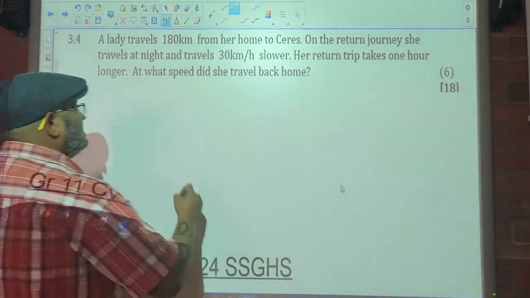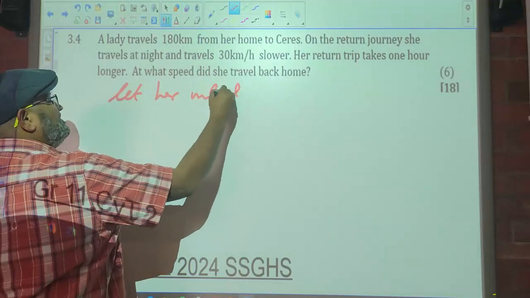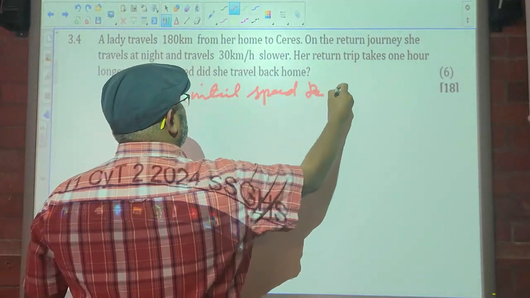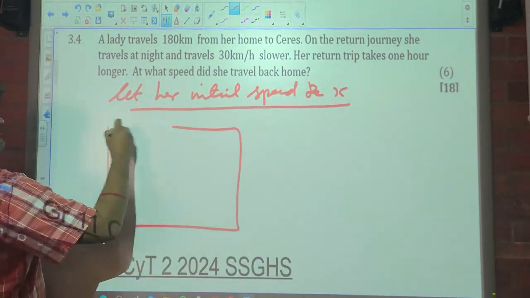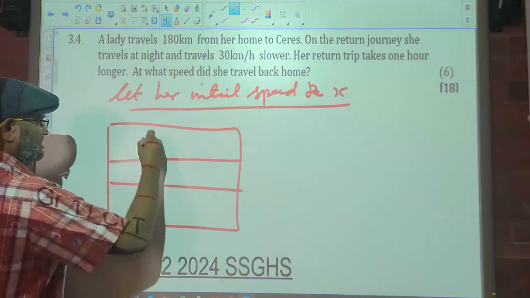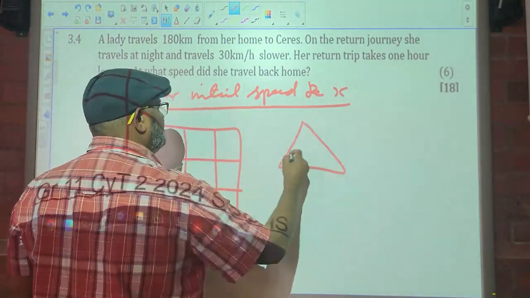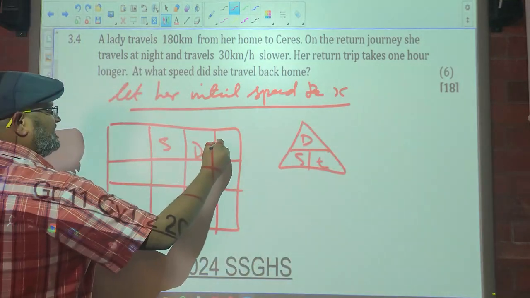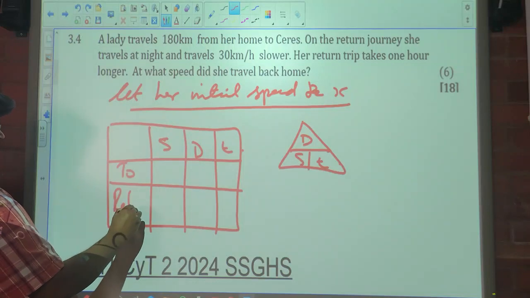So what do we say? We say let initial speed be x. So we go into a table here. You've got DST: speed, distance, time, to and return.